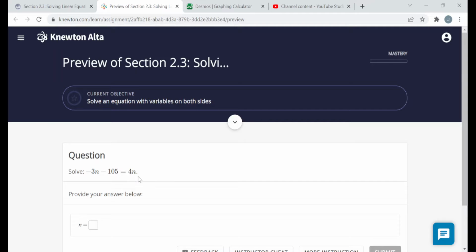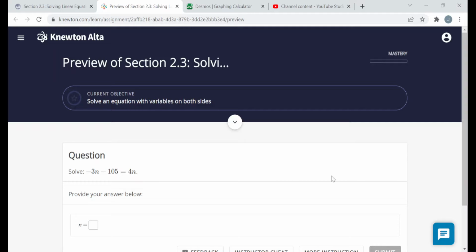There's not going to be a squared or a cubed or a square root or anything like that. There aren't going to be any denominators with variables in them, with letters in them. If there are denominators, they'll be just numbers. So that's what it means to be a linear equation in a variable. Every term with that variable has the variable to the first power.